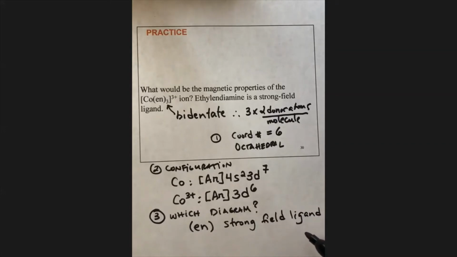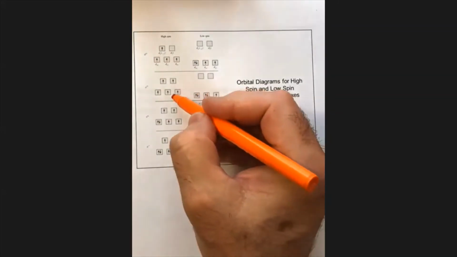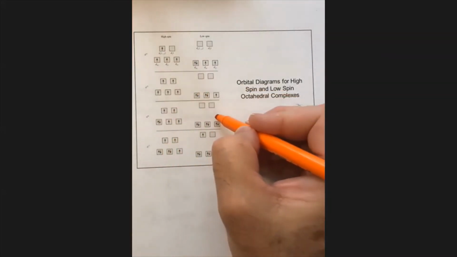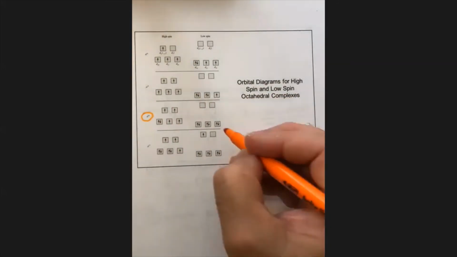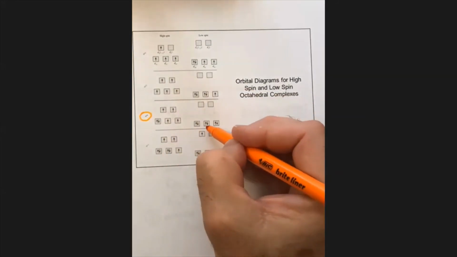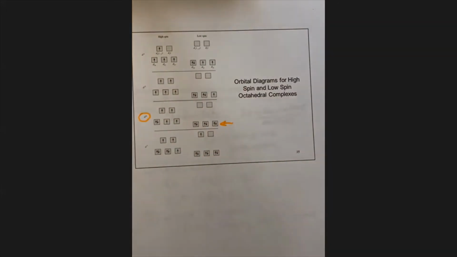That means that when we look at this chart here, we're looking at who has the strong field ligand. Well, the complex on this side, and it says here for d6, which is what this cobalt ion has, the strong field ligand, the one that produces the broader split, has a low spin complex. As a matter of fact, it is a situation where all the electrons are paired.